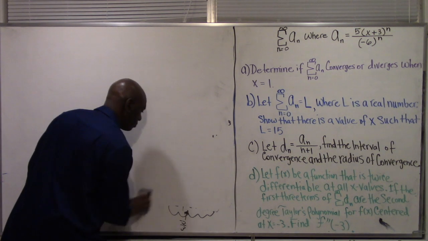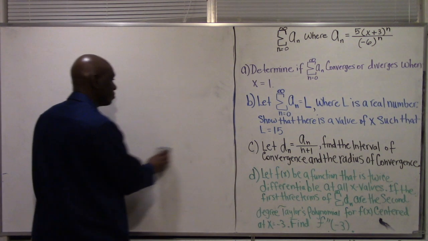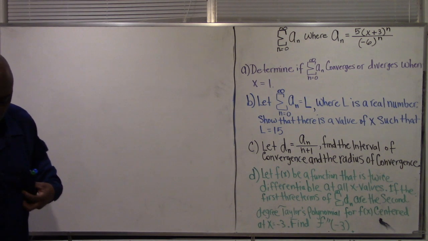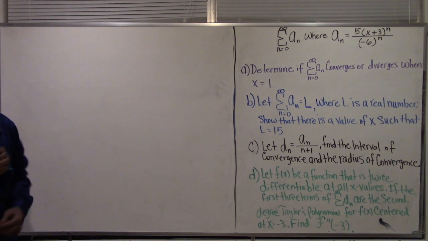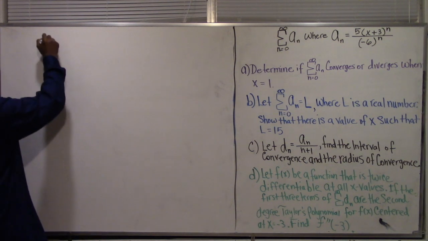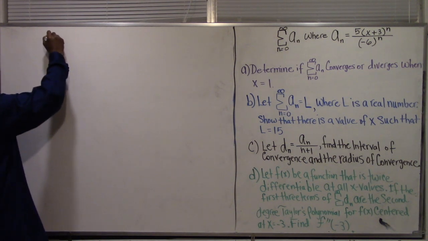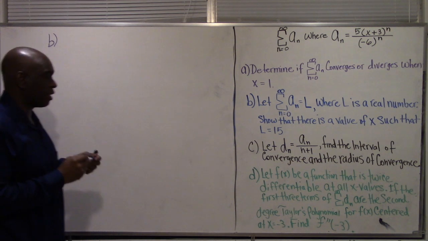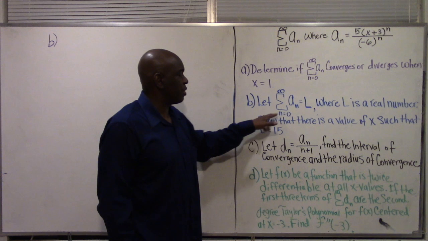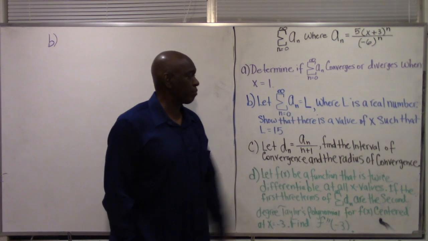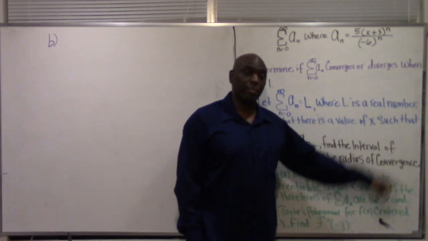All right, B. Let's take a look at B. What does B say? B says, let our series sum of a_n equal L, a limit, where L is a real number.